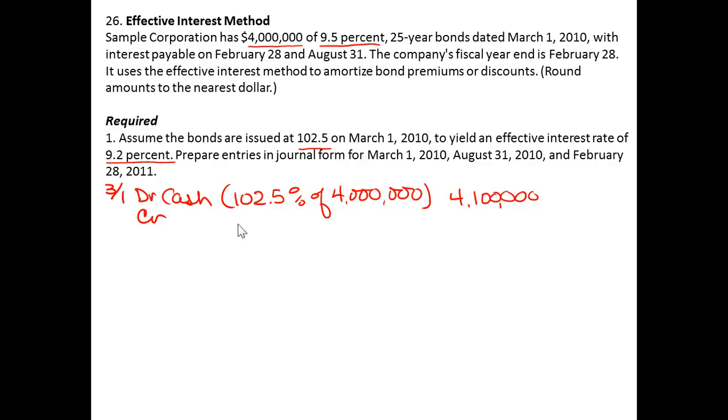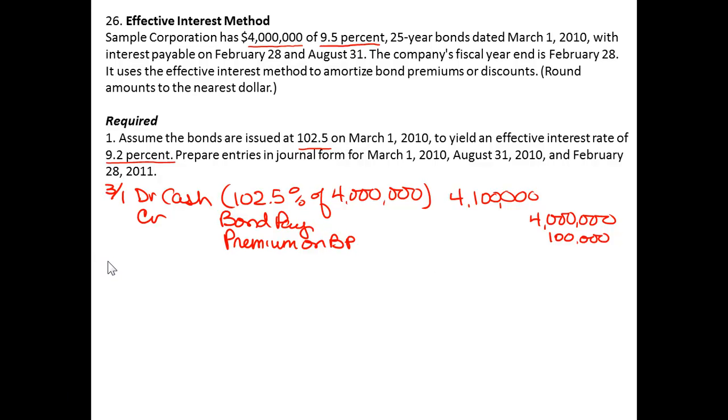And we're going to credit bond payable for $4 million, which is its face or future amount, and premium on bonds payable for the difference of $100,000. So this bond sold for $100,000 more than its face amount.